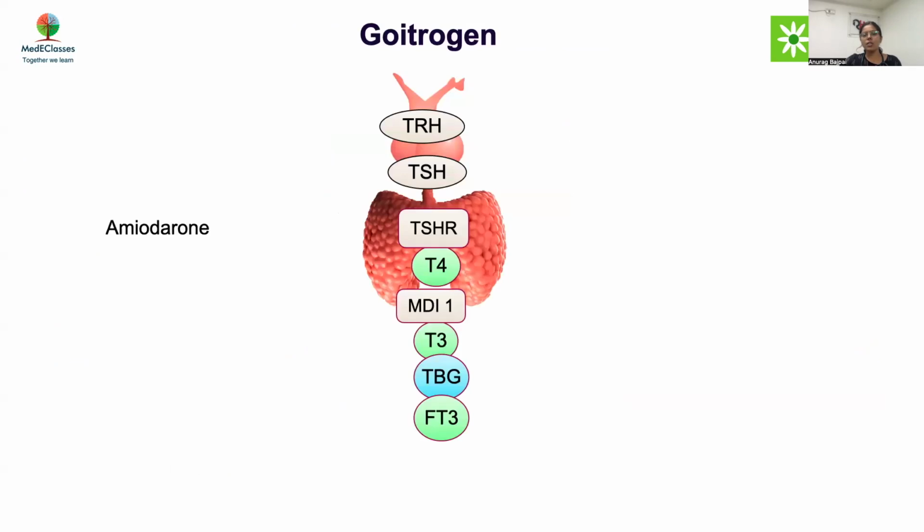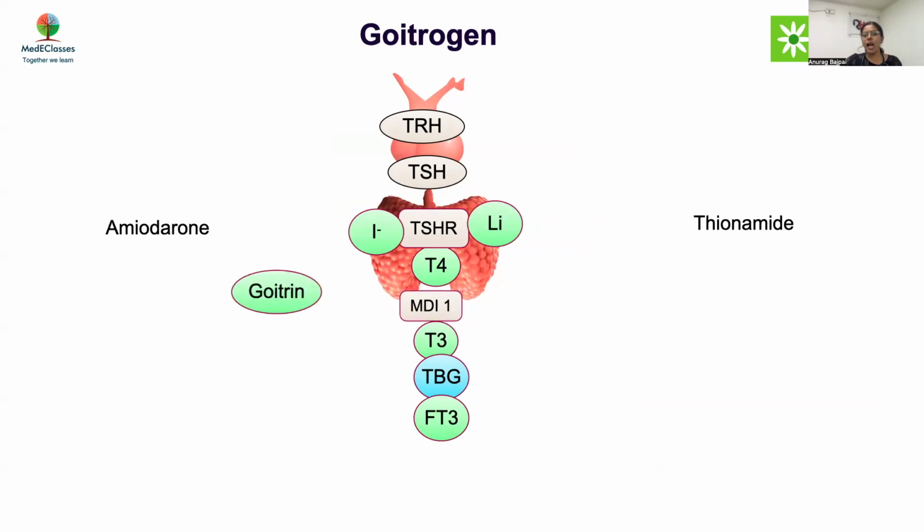Goitrogens: a common goitrogen is amiodarone, which due to increase in iodine level affects TSH action. Thionamide and lithium can result in goiter. And goitrins and thiocyanate, which affect NIS, can result in goiter development.